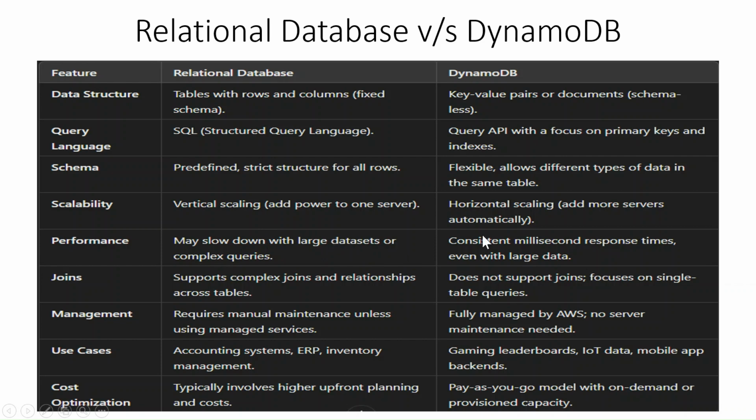But DynamoDB is optimized for high-speed performance, providing consistent millisecond response times even with large datasets. When it comes to joins, the relational database supports complex joins and relationships across tables, so it is ideal for applications needing structured relationships, like accounting systems or inventory management.